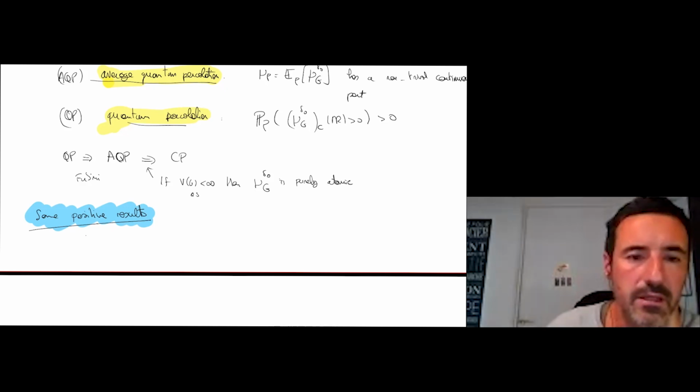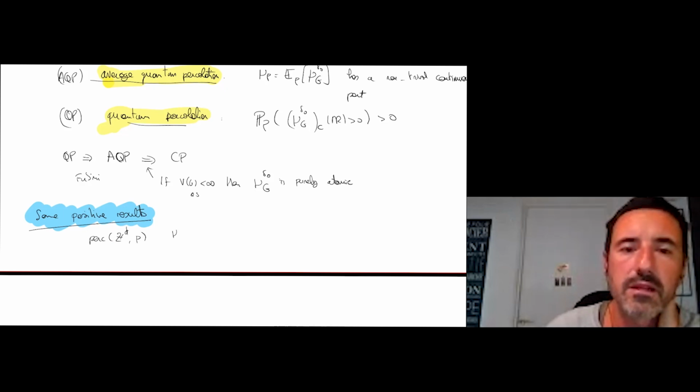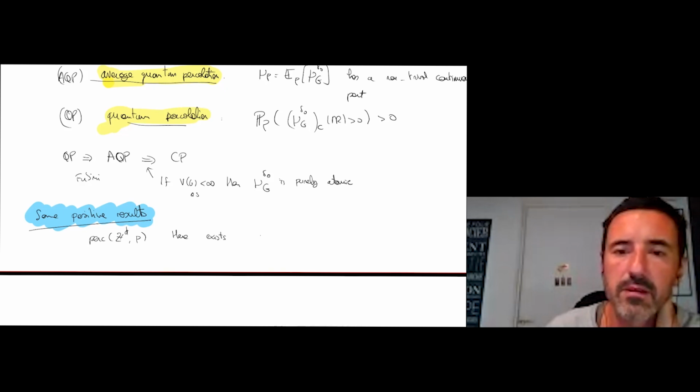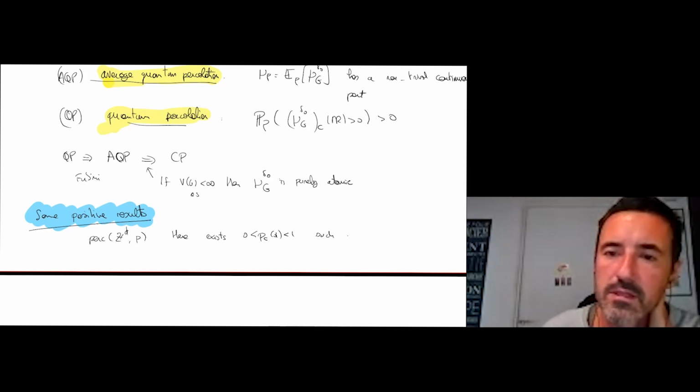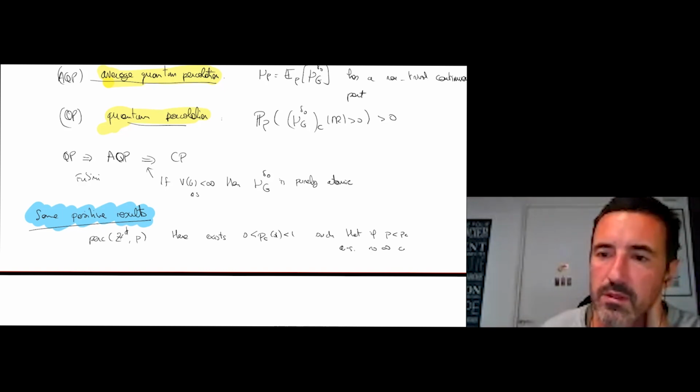I will recall, if you look at percolation on Z^d with parameter p, there exists a parameter p_c, which depends on d, which is positive and bounded away from 1, such that if p is less than p_c, almost surely you have no infinite connected component.